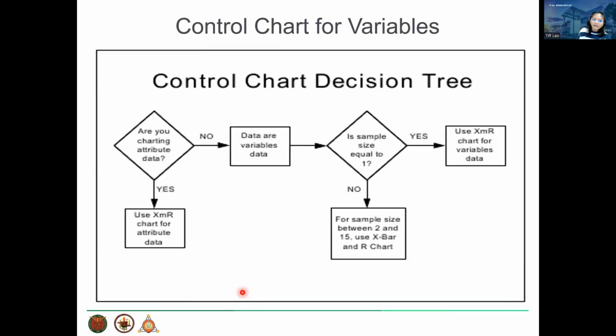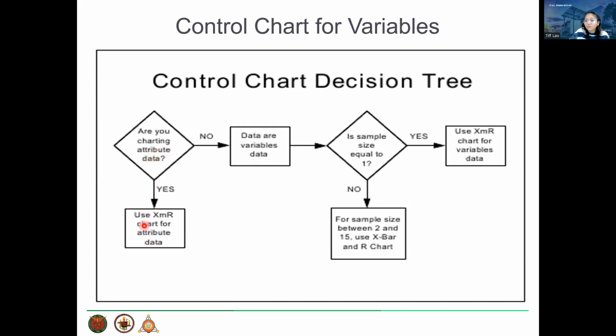Ayan. So, ito naman, this just shows a decision tree. Kunwari, hindi mo alam yung rationale per chart, yung X bar, yung X bar S, X bar R, XMR, ito, para tulungan ka. Pero basically, ito, are you charting attribute data?